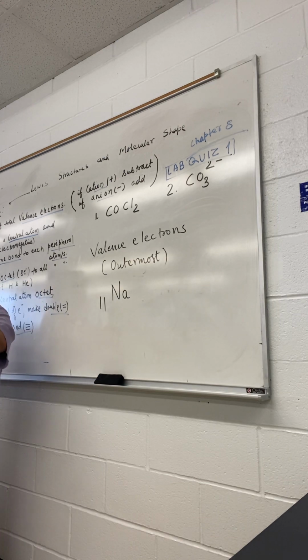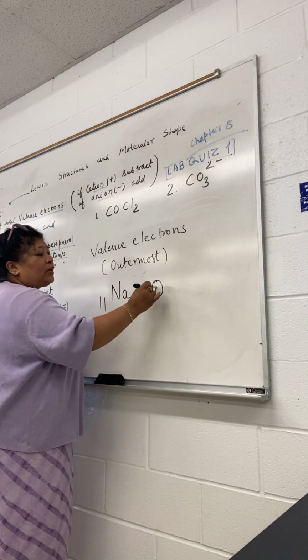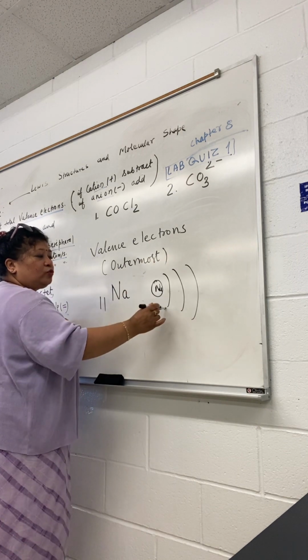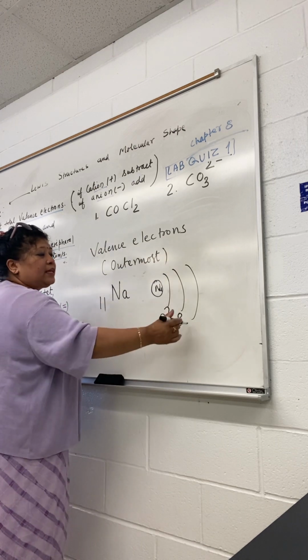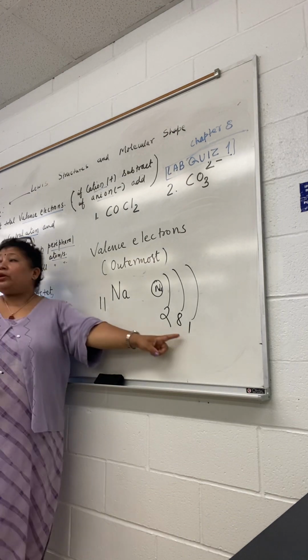Sodium has 11 total. 2 electrons will be in the first energy level, the second has 8, and the last one remains in the third.